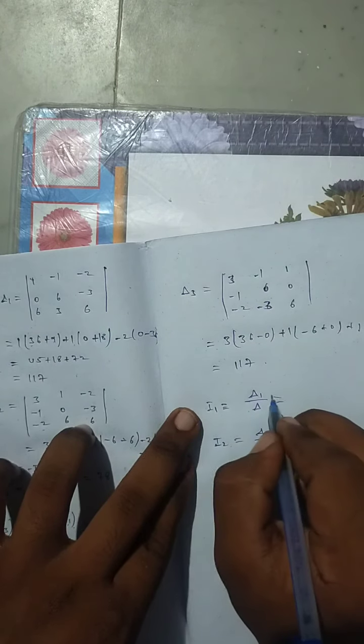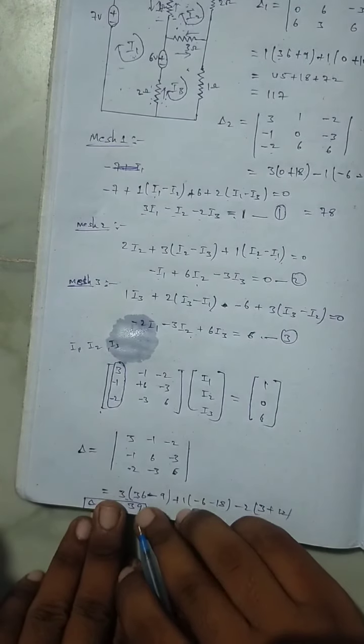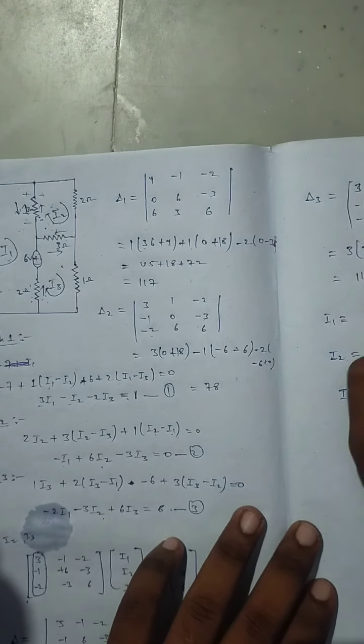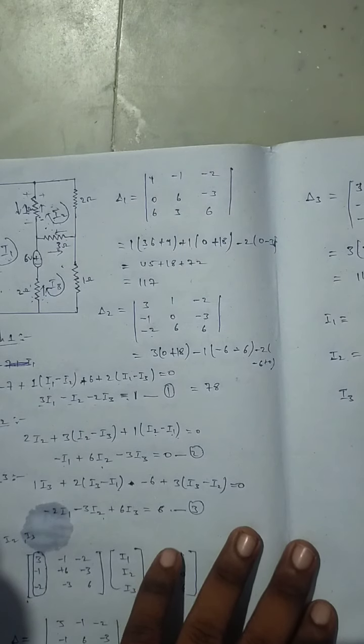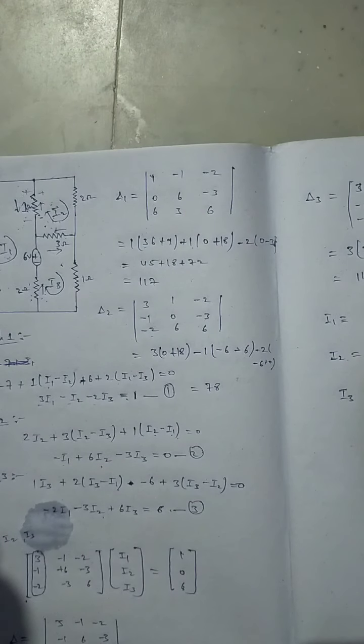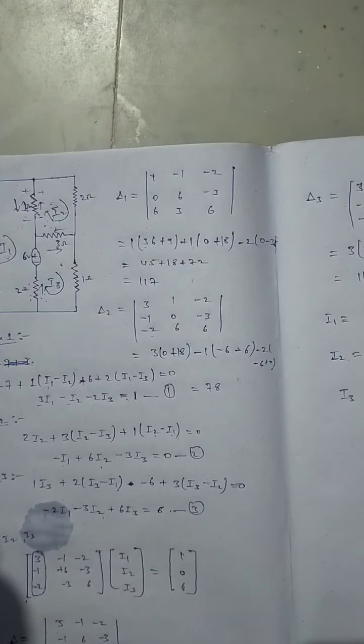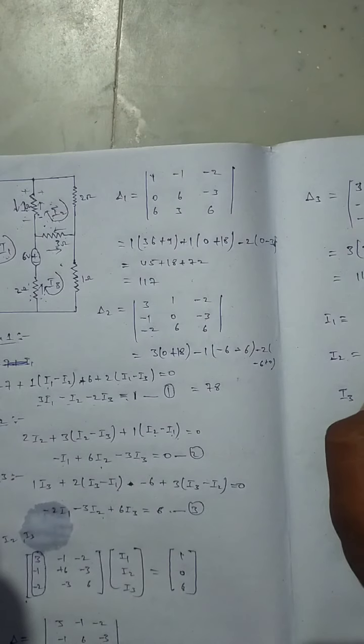Here delta 1 is equal to 117, delta is equal to 39. Now 117 by 39 is equal to 3. I1 is equal to 3 amperes.